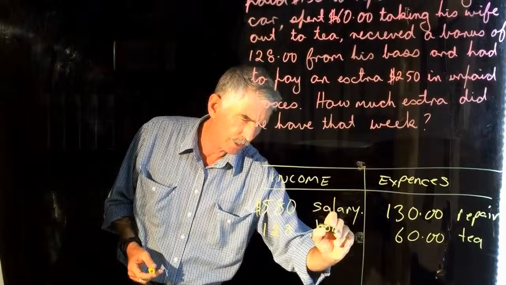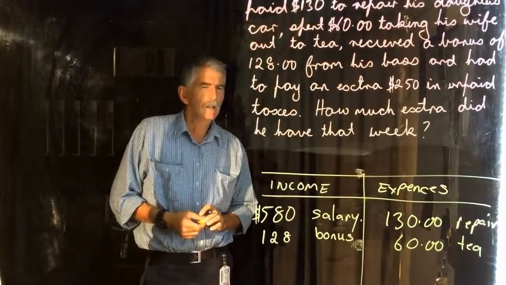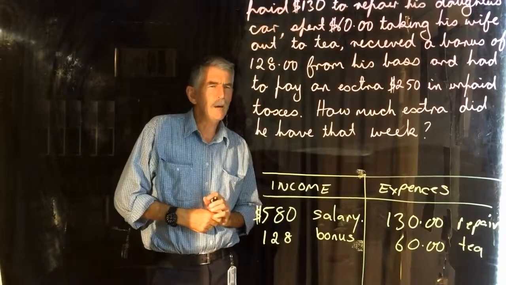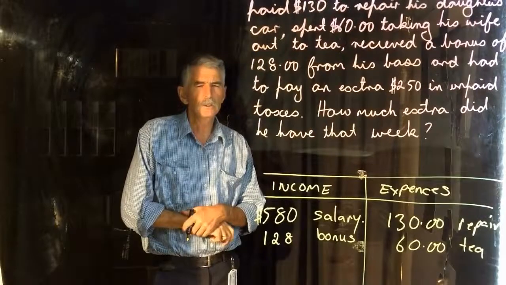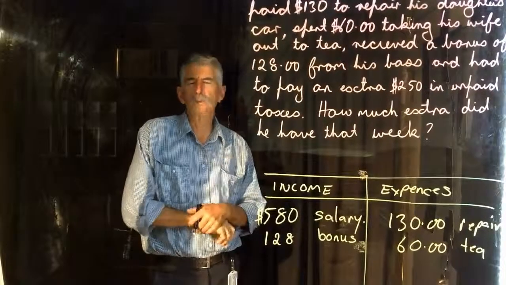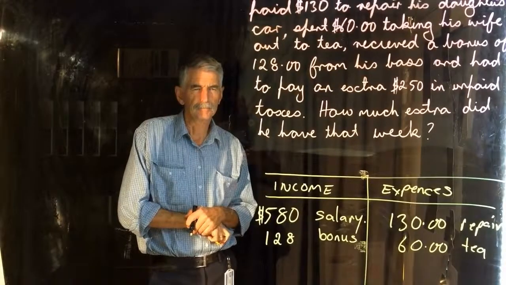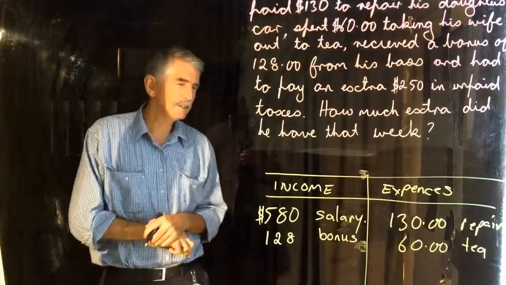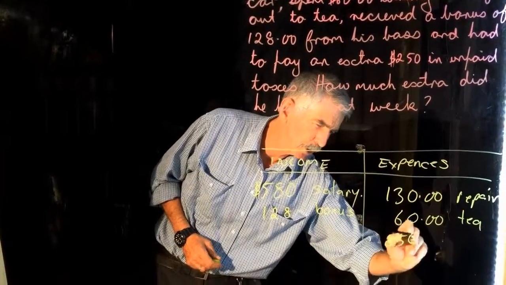So that's a bonus, and that goes down as a salary. And so now we have an extra payment of $250 to the tax office. In which column will that go into? Correct. You're going to place that down as an expense and you're going to put it into this column over here.